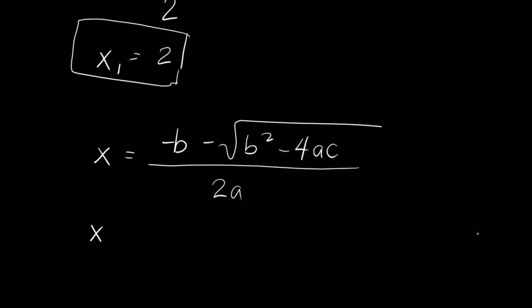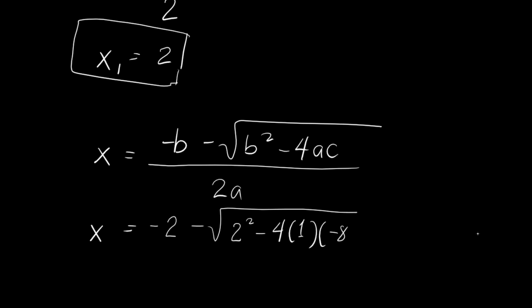Okay? Ngayon, substitute na natin. Ang value mo ni b ay 2, tama? So, negative 2 minus square root of 2 squared minus 4ac. Si a ay 1, si c ay negative 8, all over 2 times 1.